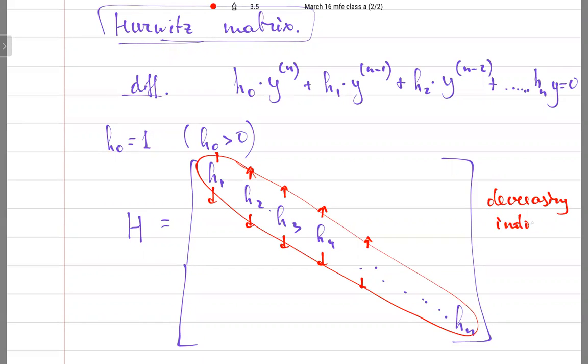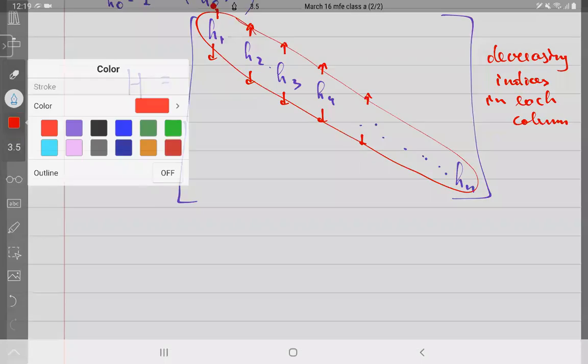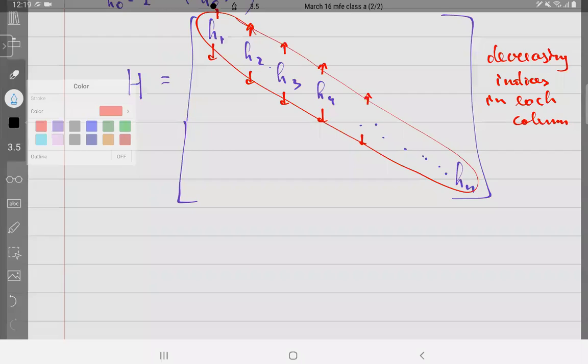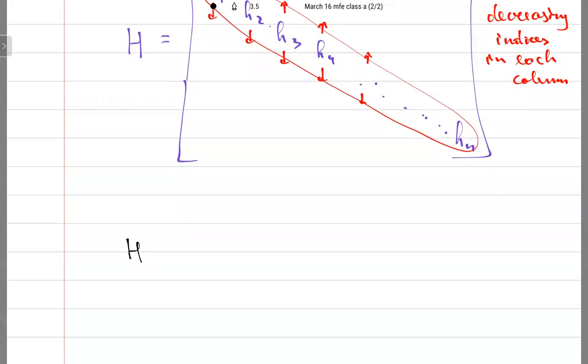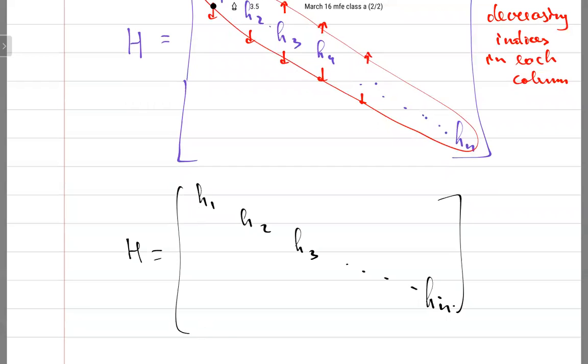How to read the indices in each column. So the Hurwitz matrix is H1, H2, H3, Hn, and then you decrease the indices: H0, and then you fill with 0, 0, 0.